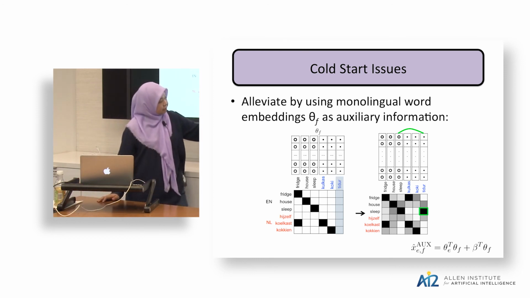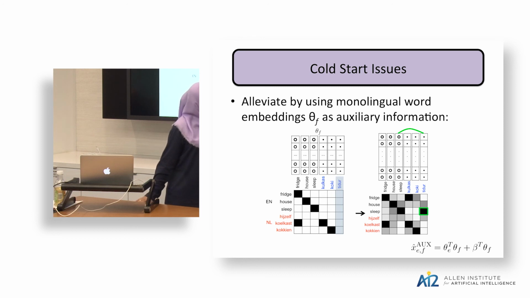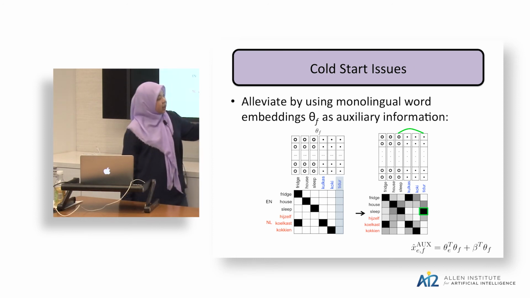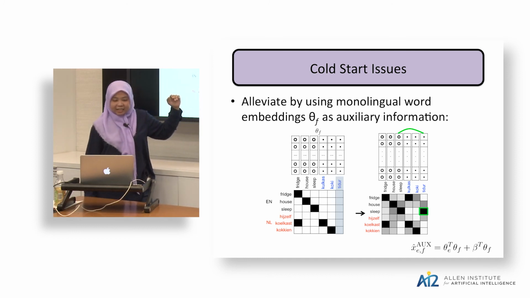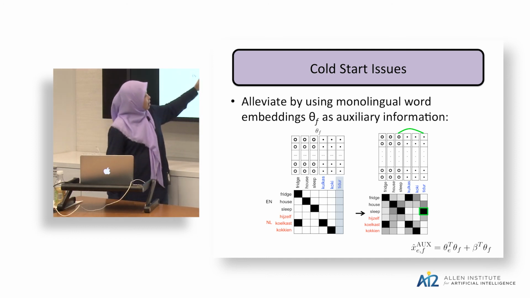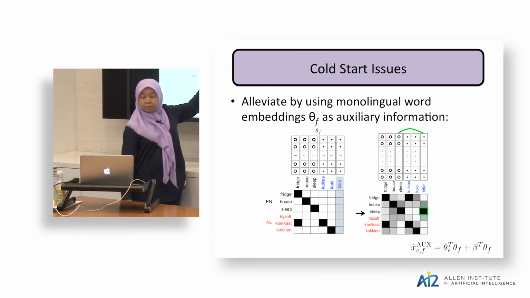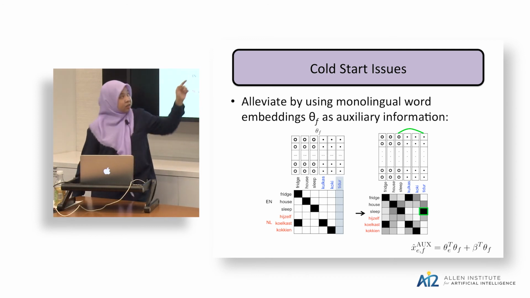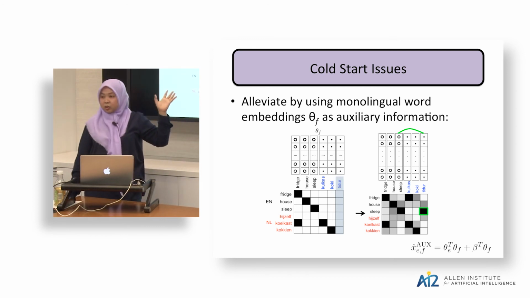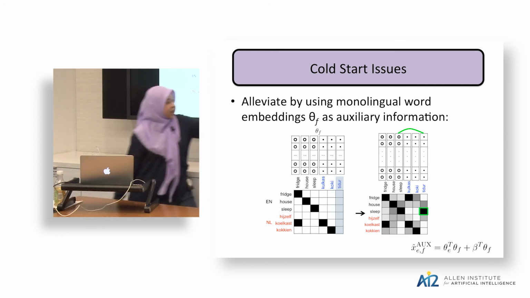So the idea is that the scores here will be approximated by this dot product of two vectors, where the vector theta e is, in a sense, a log linear classifier that for each of the rows gives a score given the feature vector of the foreign word, or the word embedding of the foreign word, theta f.